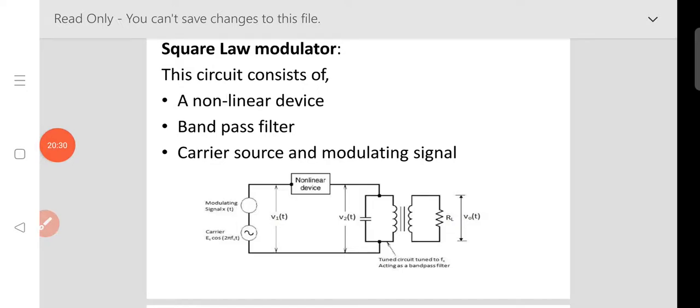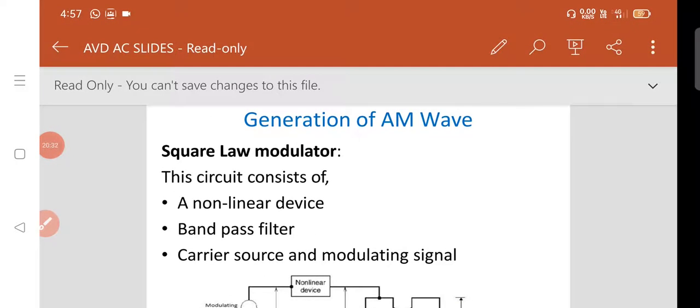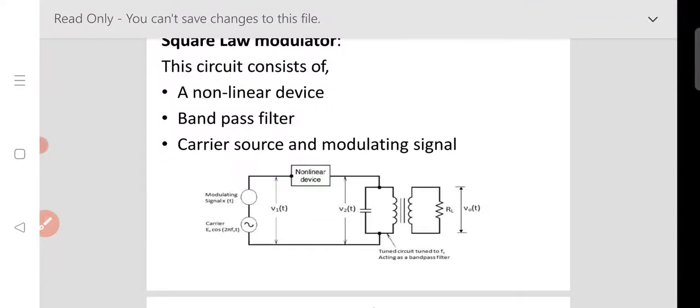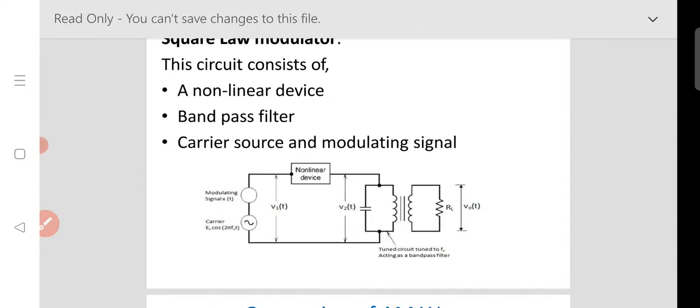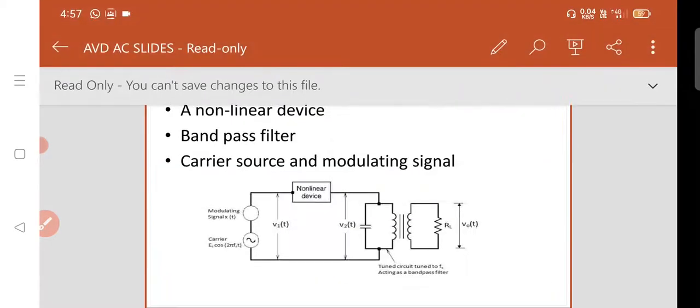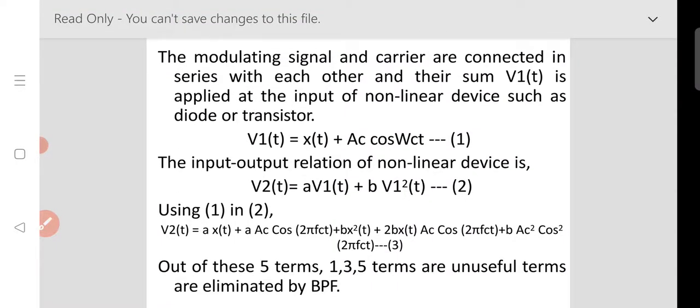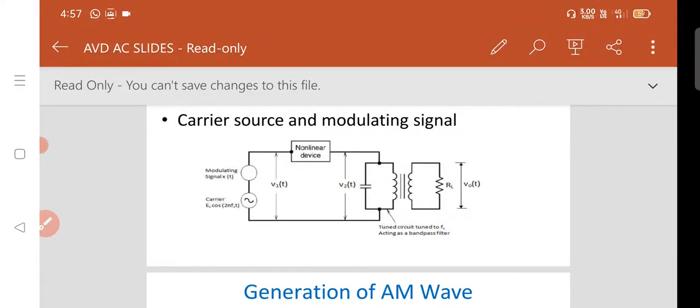Okay, this is the square law modulator generation of AM. The square law modulator consists of a nonlinear device, generally a diode, a band pass filter, a carrier source and a modulating signal. Modulating signal means message signal. V1 of t is the input of the nonlinear device.